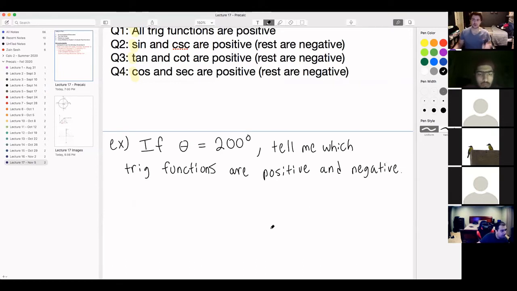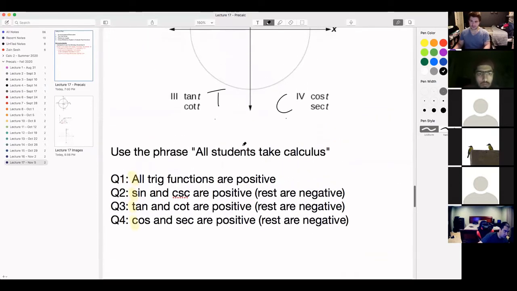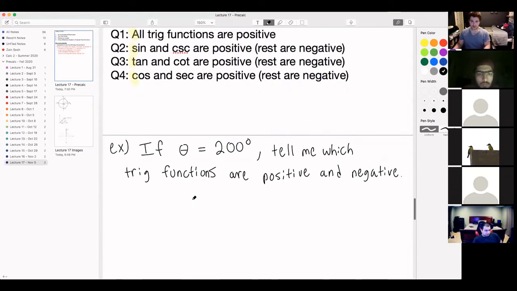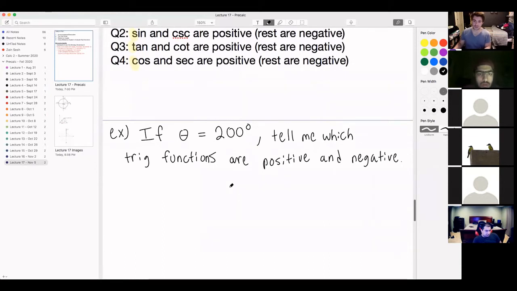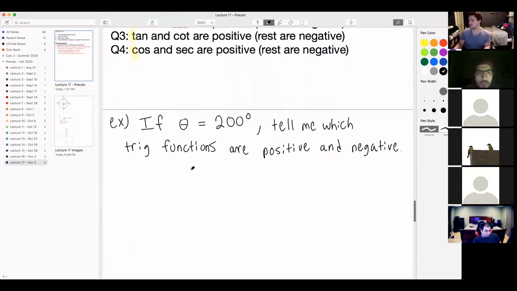Okay, so here is a direct application of what I have above. So we have the angle of 200 degrees. Tell me which trig functions will be positive and negative if I evaluate them at 200 degrees.